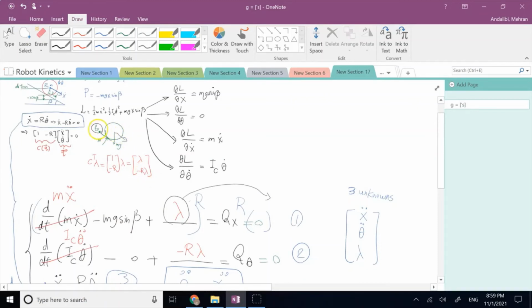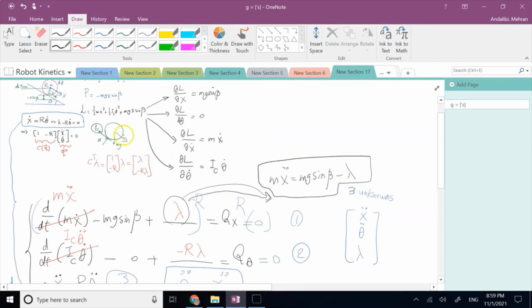And then f is in the opposite direction, but you take it to that other side, you clearly see that's also negative lambda. So if you look at this top equation, you'll see that it says m x double dot is equal to m g sine beta minus lambda, right?